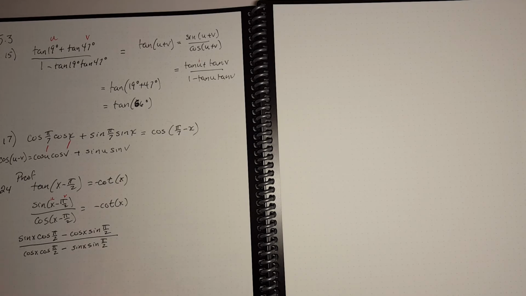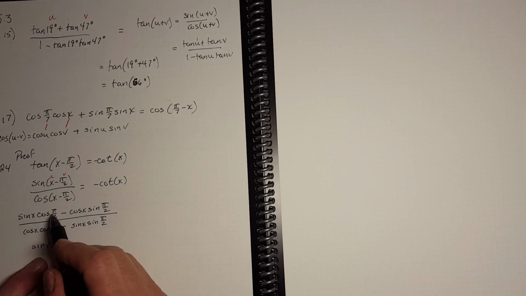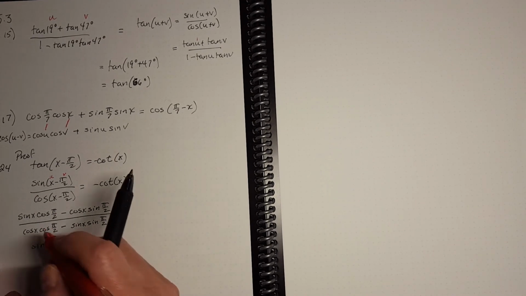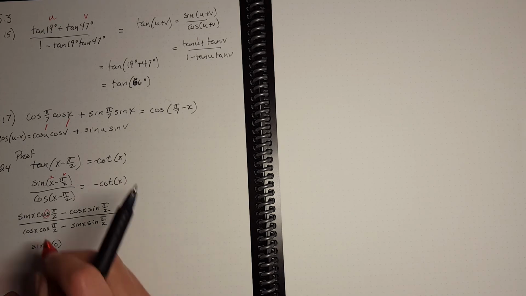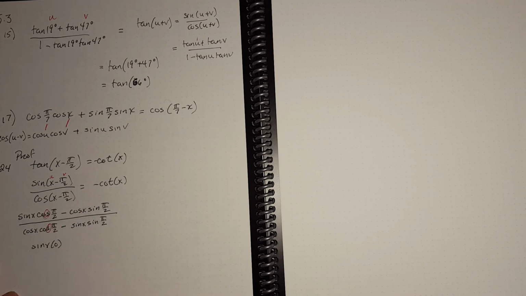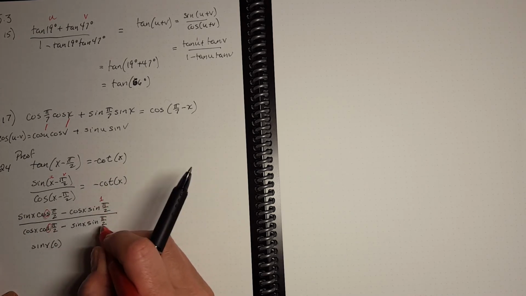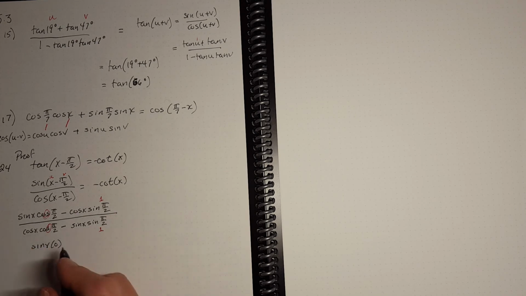And we can put in what the pi over 2's are. Cosine of pi over 2 is 0, and sine of pi over 2 is 1. So we're just plugging in those numbers.